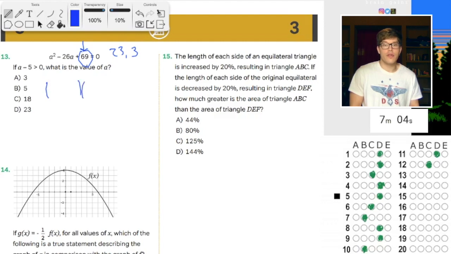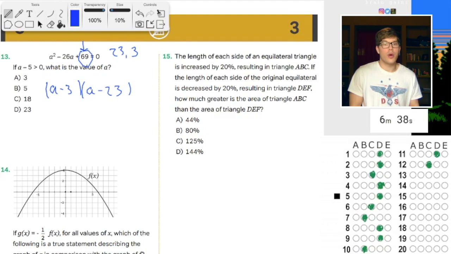If you couldn't factor this, you can always use the quadratic formula: minus b plus or minus the square root of b squared minus 4ac, all over 2a. Excuse my math rambling. So this is it factored.